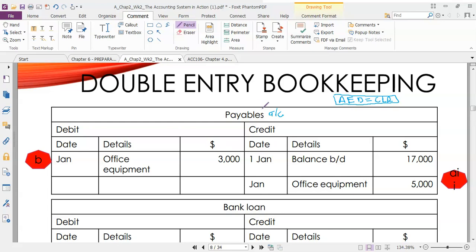Okay, payables account is the person that owes, the outsiders. The owner owes to the outsider. Account payables means that the owner of the business owes to an outsider, ataupun supplier.